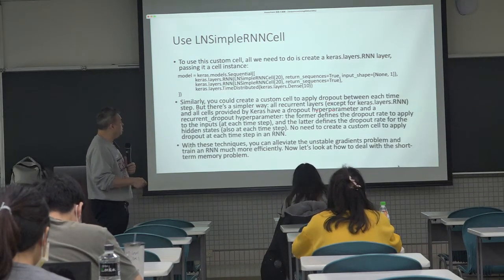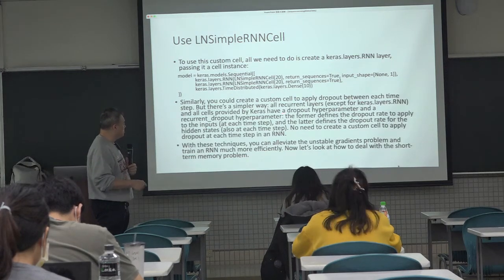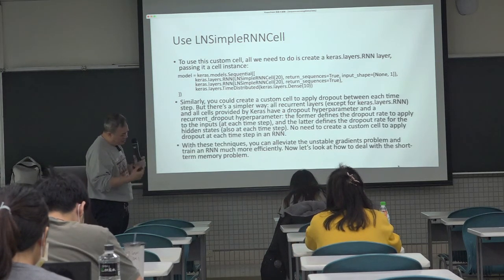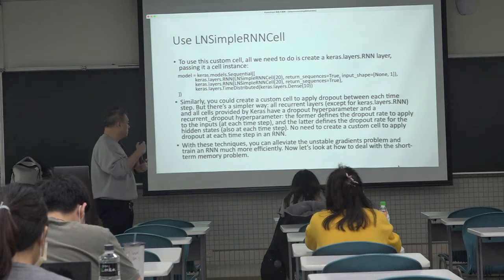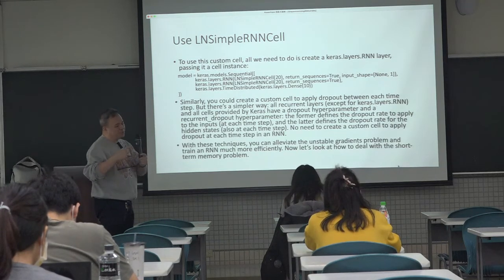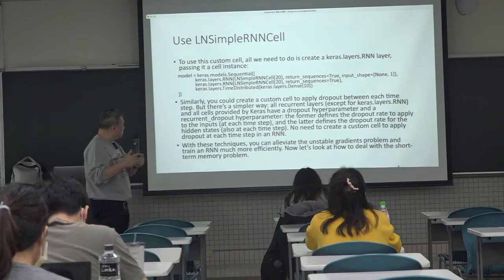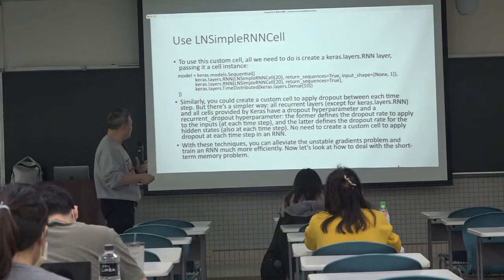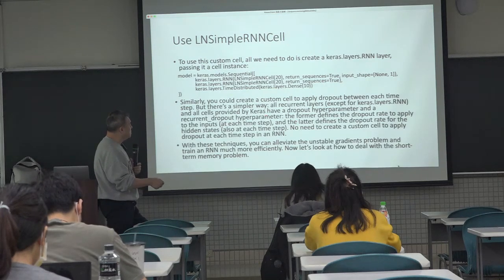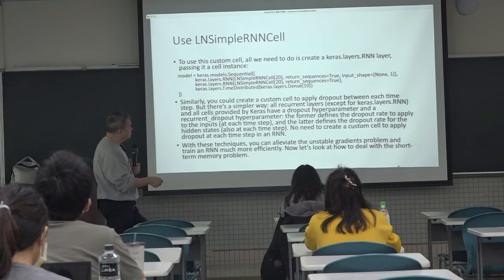These can be set for a basic RNN cell or for the more complicated RNN cells such as LSTM or GRU, which we are going to talk about today. The first one, dropout, basically defines the dropout rate to apply to the input.